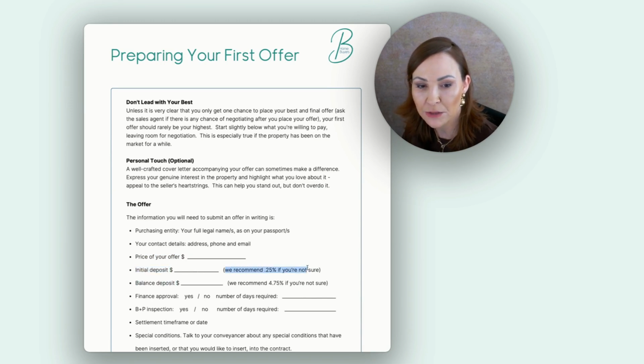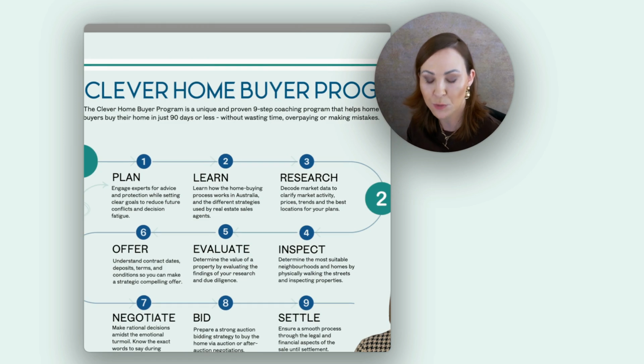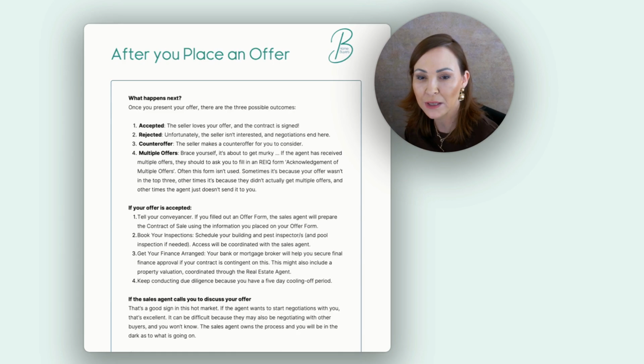Here we recommend this much and this much if you're not sure. This is the last page in the workbook before the end of the workbook. Okay. So we try and make it clear for you and we will get to that.